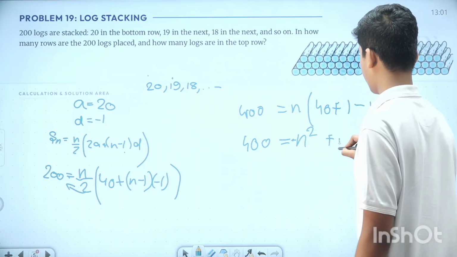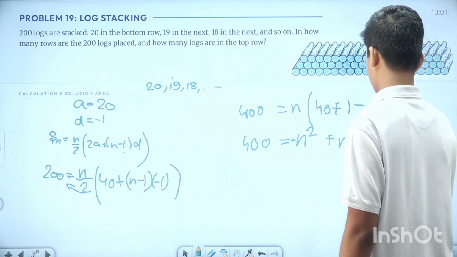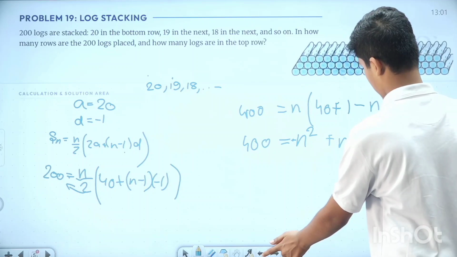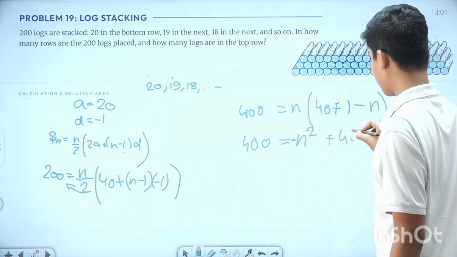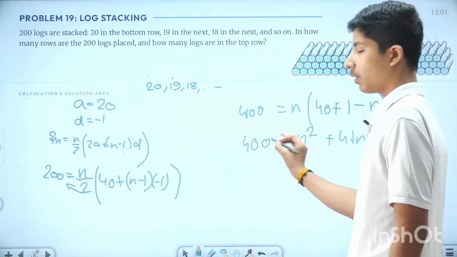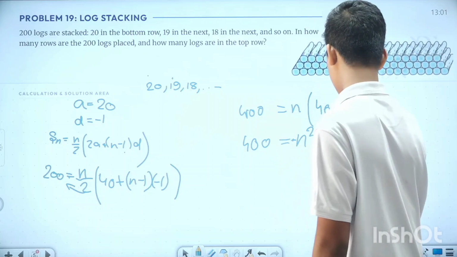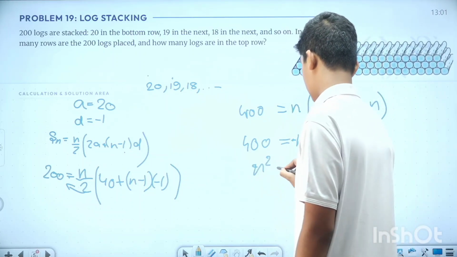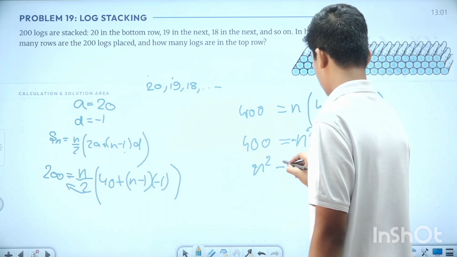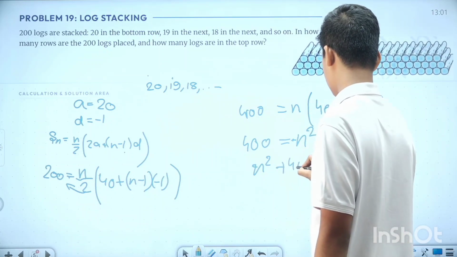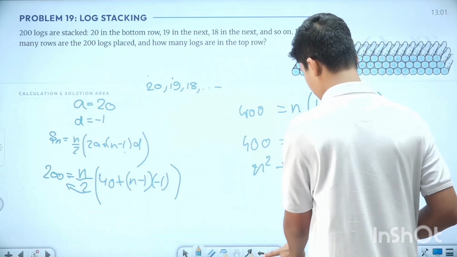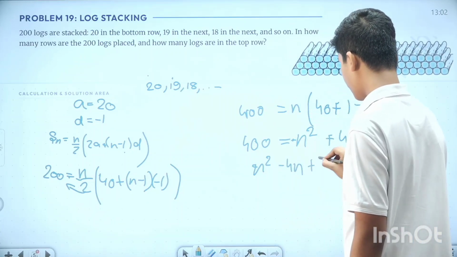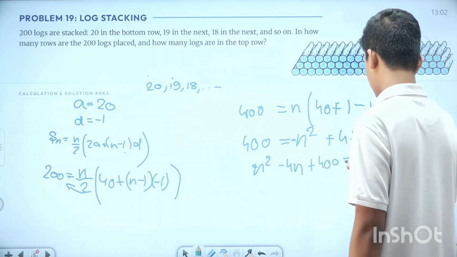Now we send it to this side, so n square will be plus, then minus 41n, and then plus 400 equal to 0.